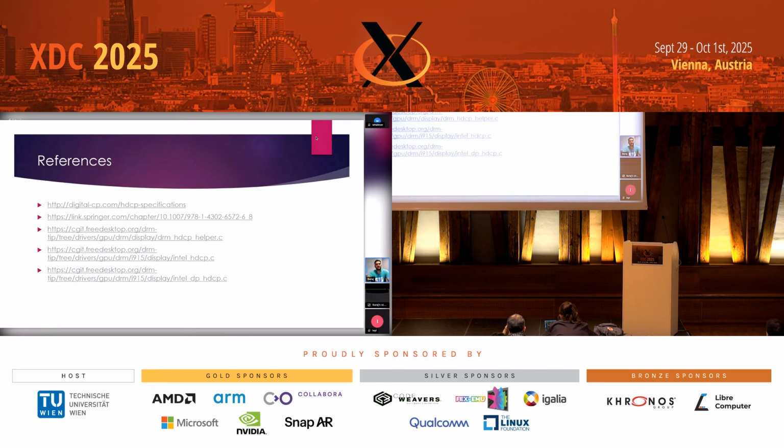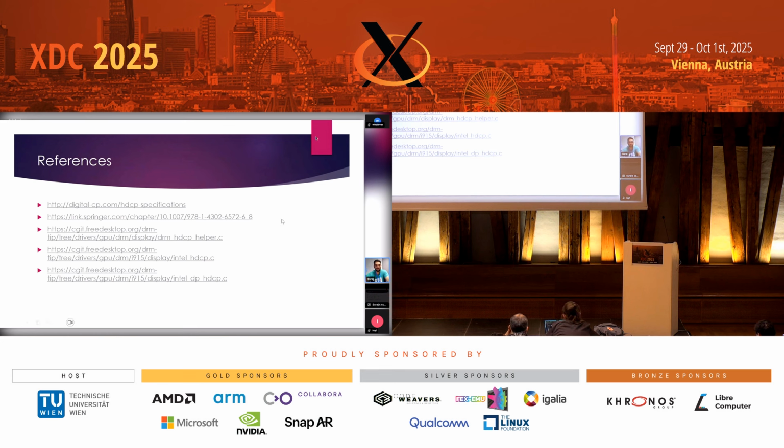Some references: if anybody is interested in reading the HDCP specs, they are available on the first link here. You have it separate for DP and separate for HDMI. And if you are interested in general content protection and all things related to it, there's a really good chapter that I found in this book.